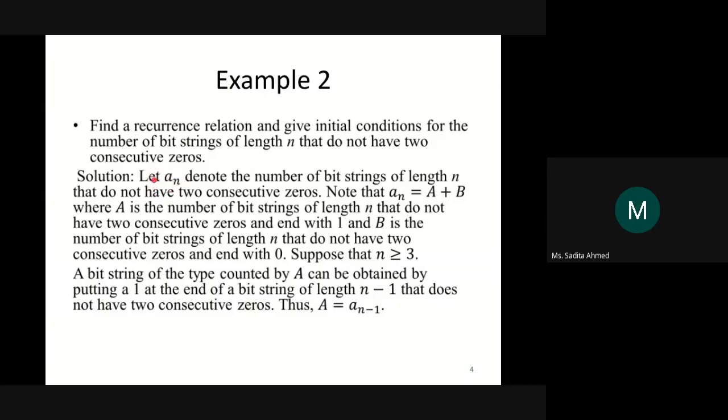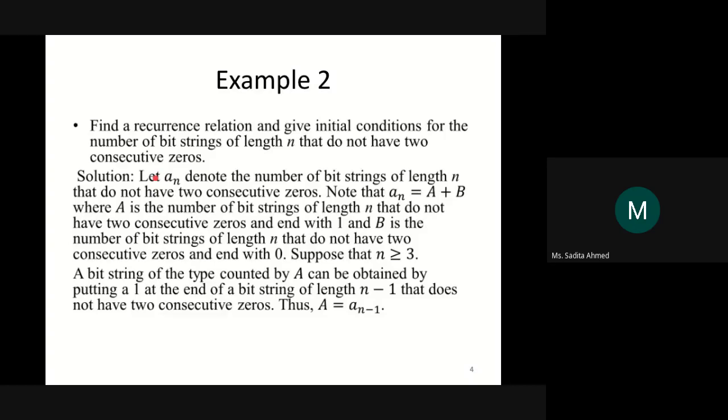So if an is that count, then we'll try to find this count using an minus 1, assuming that we know the value of an minus 1. Now, what is an minus 1? An minus 1 is the count of all bit strings of length n minus 1 which do not have two consecutive zeros. And we are assuming that we know that count.